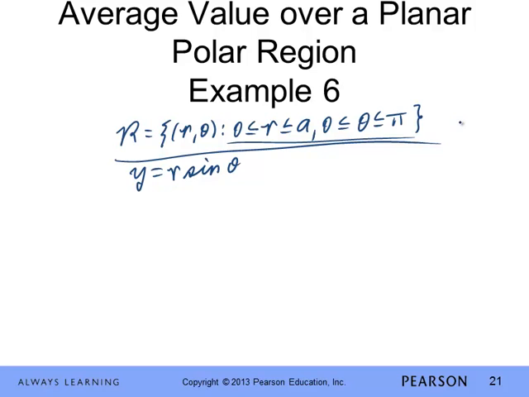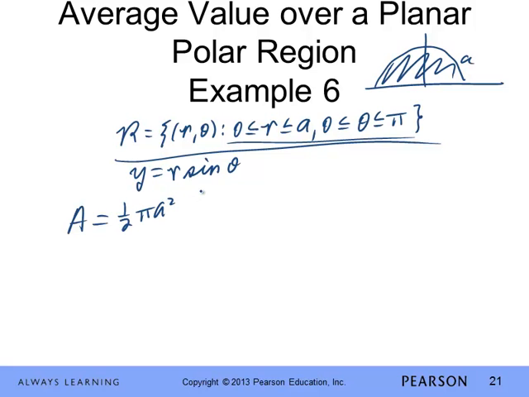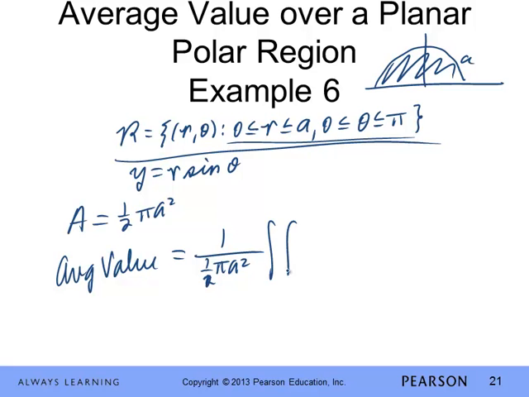This region is a semicircle of radius A. So, first of all, that area is half the area of a circle of radius A. So your average value is going to be 1 over 1/2 pi a squared times the integral of that function.